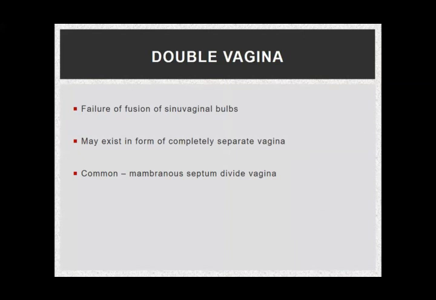Double vagina, failure of fusion of sinovaginal bulbs. It may exist in the form of a complete separate vagina, या फिर common, or the two vagina that develop may be separated only by simply a membranous septum.